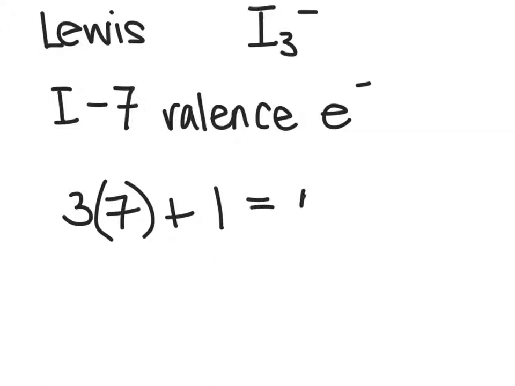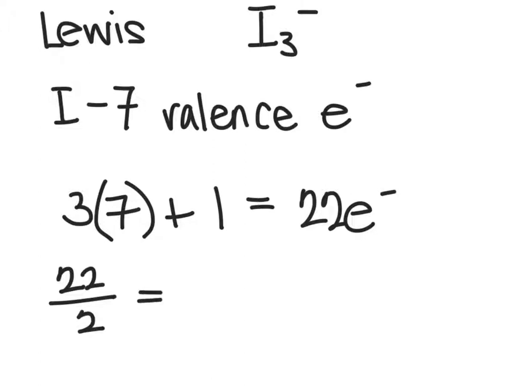So that's a total of 22 electrons. The total number of pairs of electrons is 22 divided by 2, which gives me 11 electron pairs.